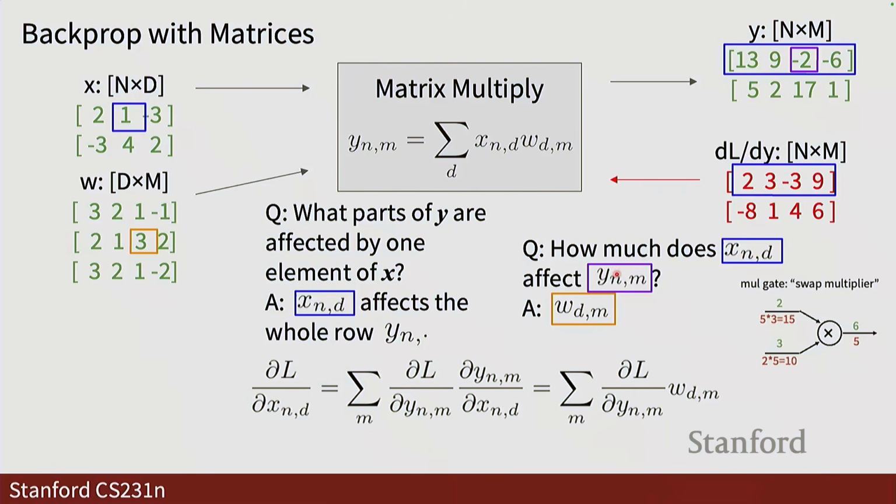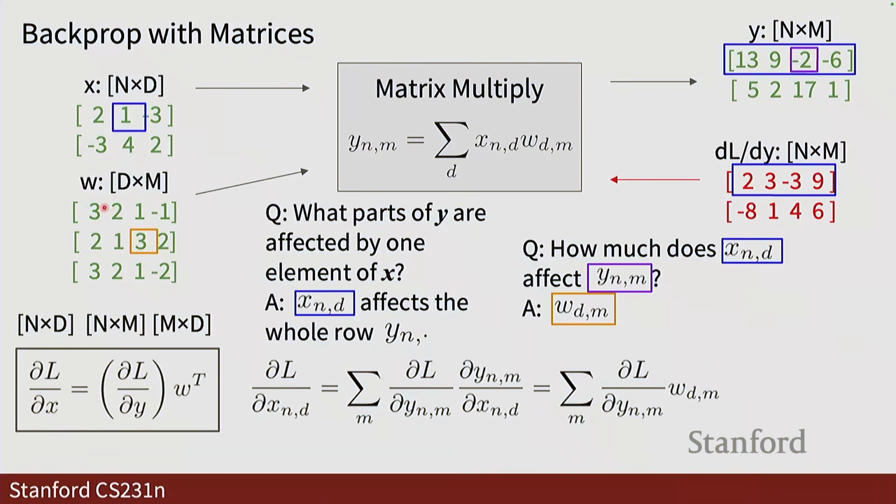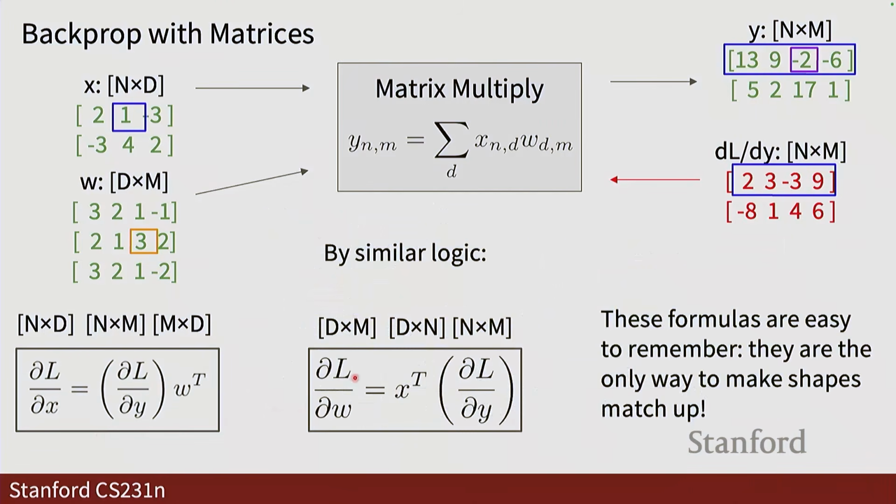So it's the same swap, but here we have to look at the giant matrices and find which specific element it should be, and then based on that, we can replace the entire thing with matrix operations. The gradient of L with respect to X will be defined as this simple matrix operation, and the gradient of L with respect to W as this very simple multiplication.